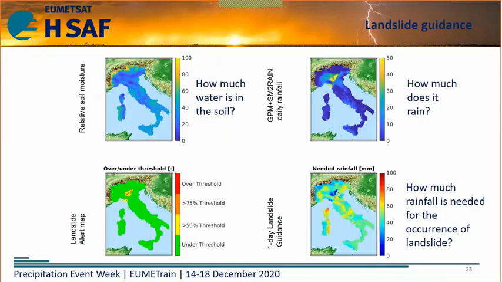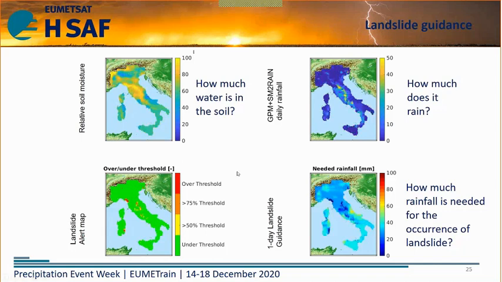So in this way, if we know how much water is stored in the soil by using the satellite soil moisture product, and if we know how much it rains over the study area, we are able to know the position of each grid point over the study area with respect to the rainfall thresholds we have obtained after the analysis of the historical events over Italy.